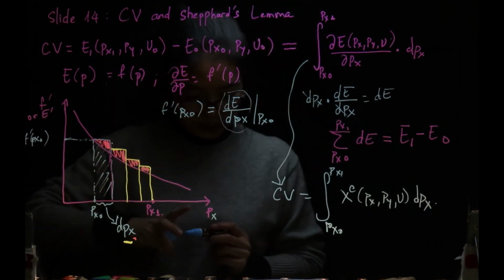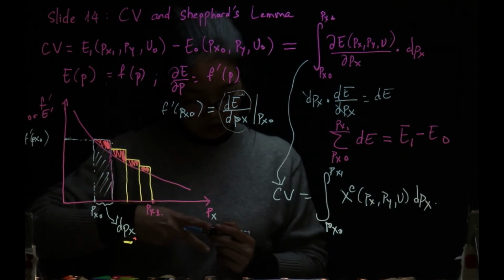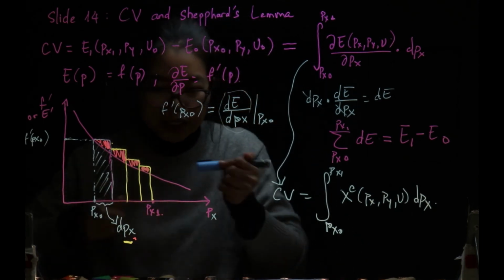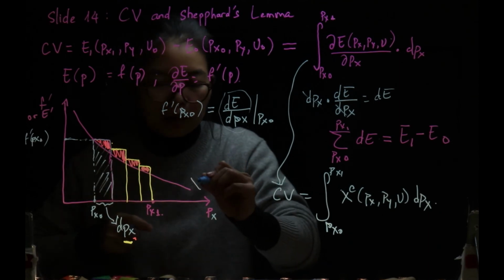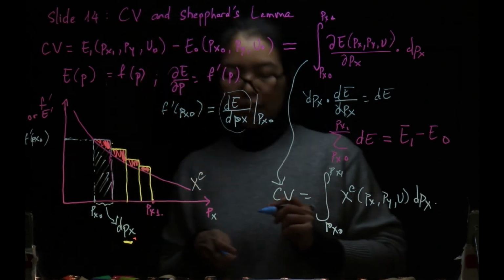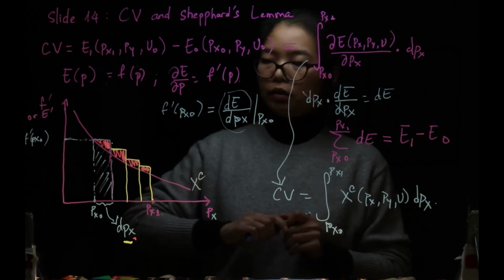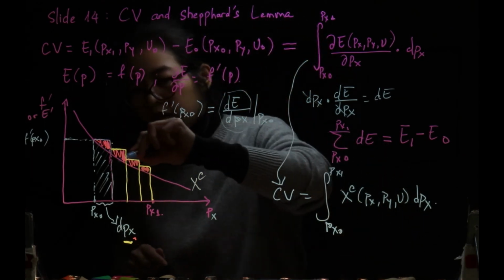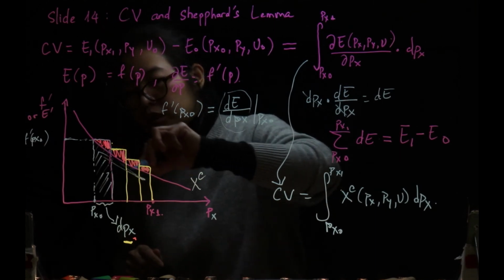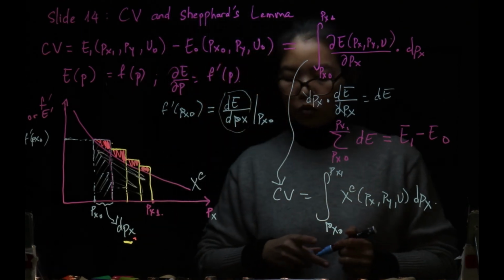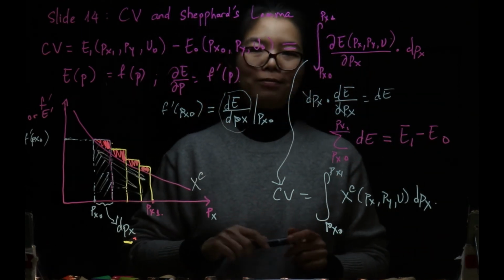Back to the curve over here. So the derivative curve that we talk about is actually the compensated demand curve. And we can integrate the area below this curve from px0 to px1 to get the CV.